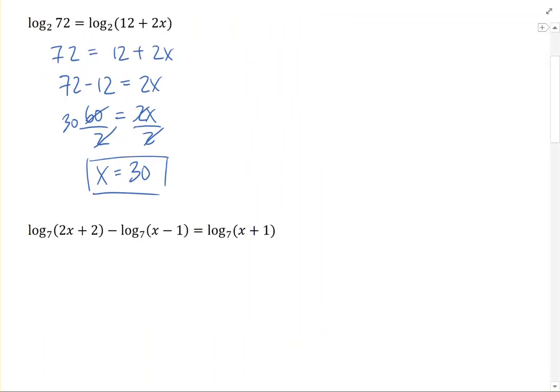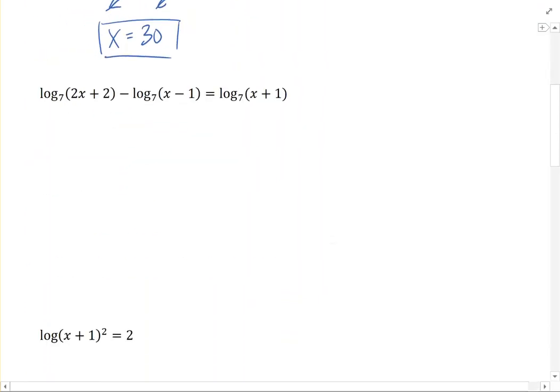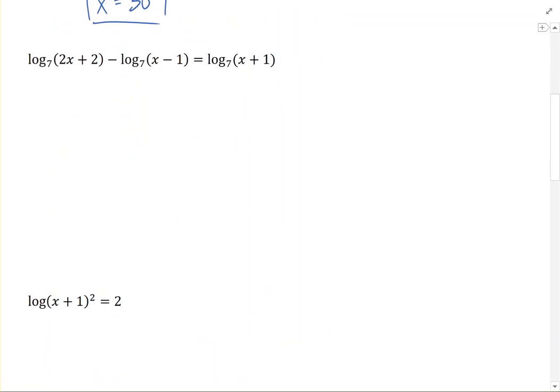Now next, let's add a bit more complexity to it. Now we have a couple more terms. Again, we want to get to the point where we just have one log term on one side and another on the other side. Right now we have two, but we can easily combine them because we have the laws of logarithms in our minds.